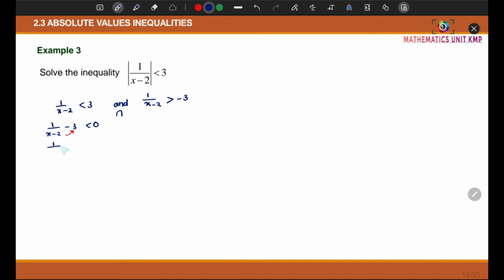So we have 1 minus 3(x minus 2) divided by x minus 2 less than 0. Simplify: 1 minus 3x plus 6 divided by x minus 2 less than 0. Then negative 3x plus 7 divided by x minus 2 less than 0.